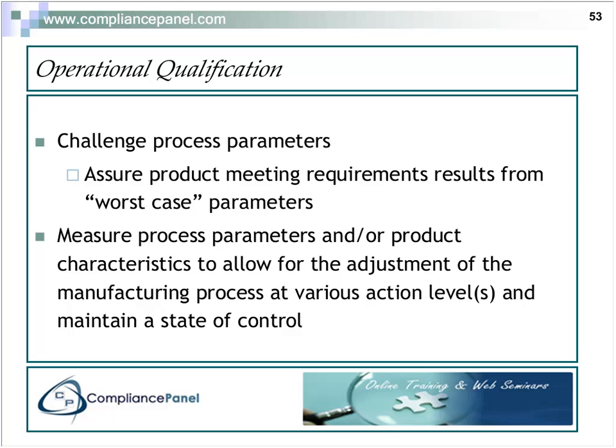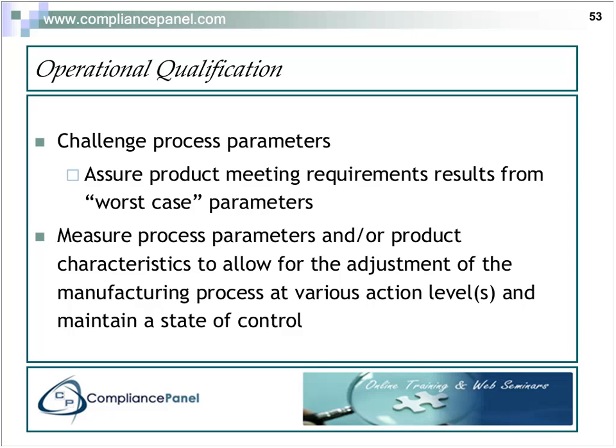So we have, for instance, a point where we tell the operator that they can adjust the process back to the center. Then we'll perform that operation, and we'll make sure that the production process does still continue to produce acceptable results with those kinds of adjustments.